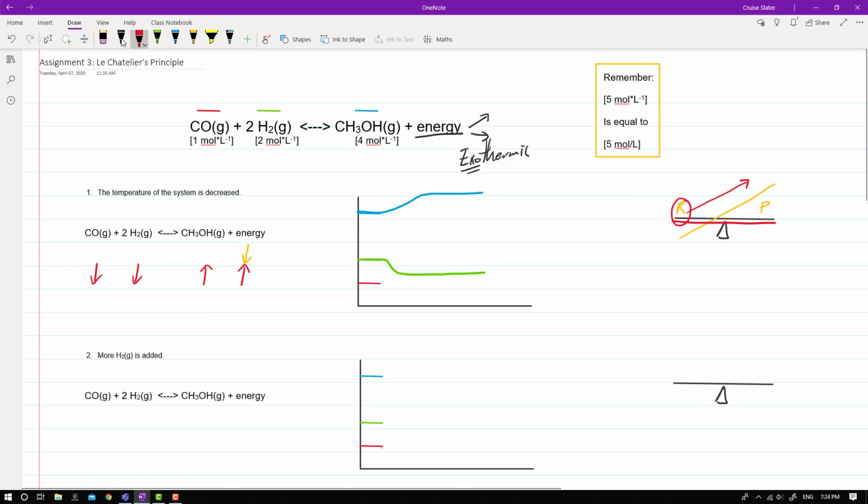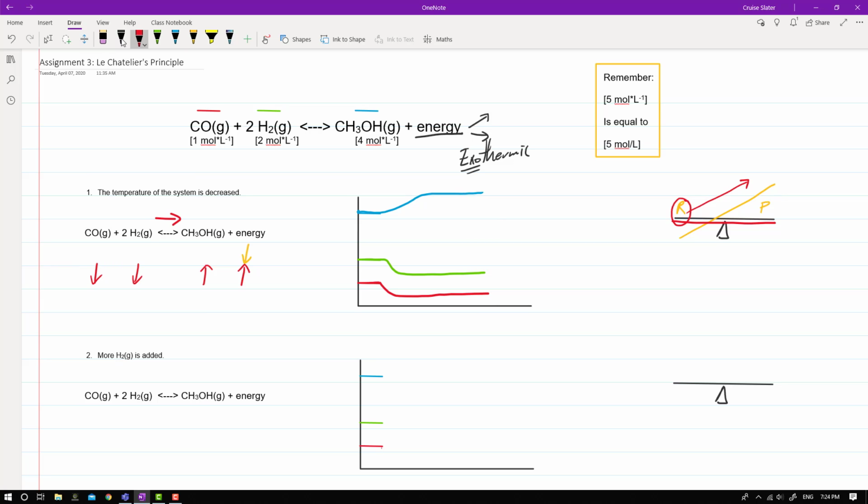We're going to do the same thing for the carbon monoxide. We're at equilibrium, we stress the system by removing energy, the carbon monoxide concentration drops, reaches a new equilibrium, and we have a new equilibrium over here represented by these flat lines.